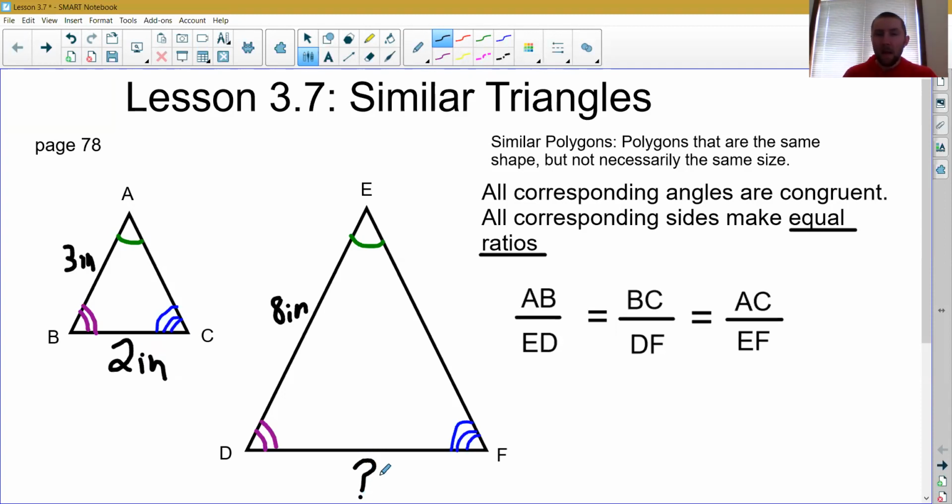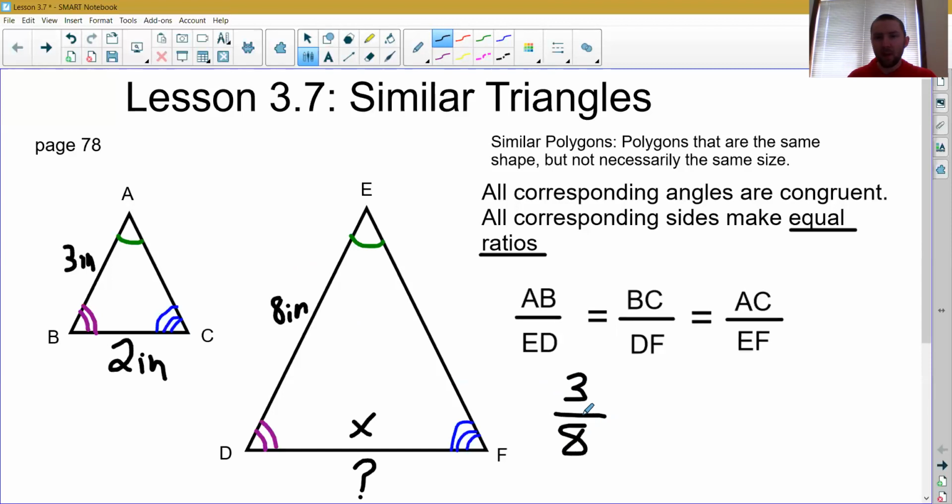Because I have these equal ratios of my corresponding sides, I can set up a little equation and solve that equation for this unknown value down here, which I will call X. This length is going to be X, DF. That's what I'm looking for. So I take the corresponding side pairs that I know and make them into a fraction, in this case 3 over 8.